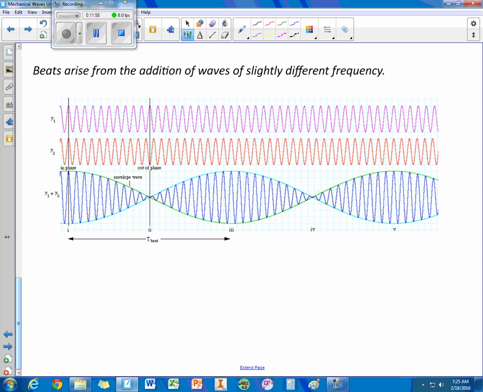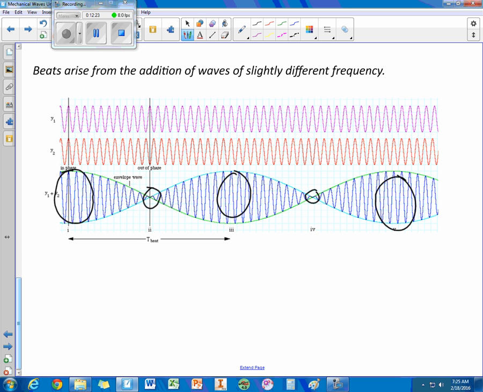What I get is regions of constructive interference and regions of destructive interference. Musicians use this when we tune our instruments. We have two instruments that we're trying to tune. And what we would hear is kind of like this wah, wah, wah, wah sound, where we'd have the constructive and the destructive.